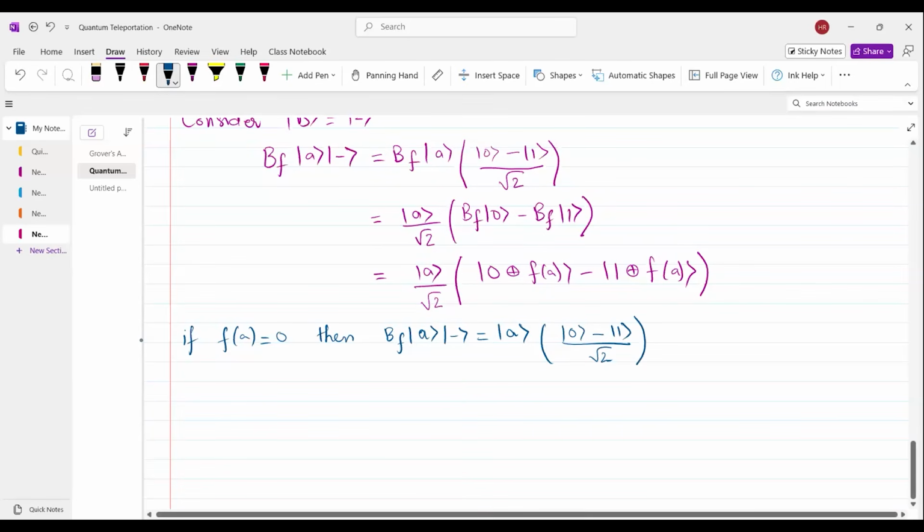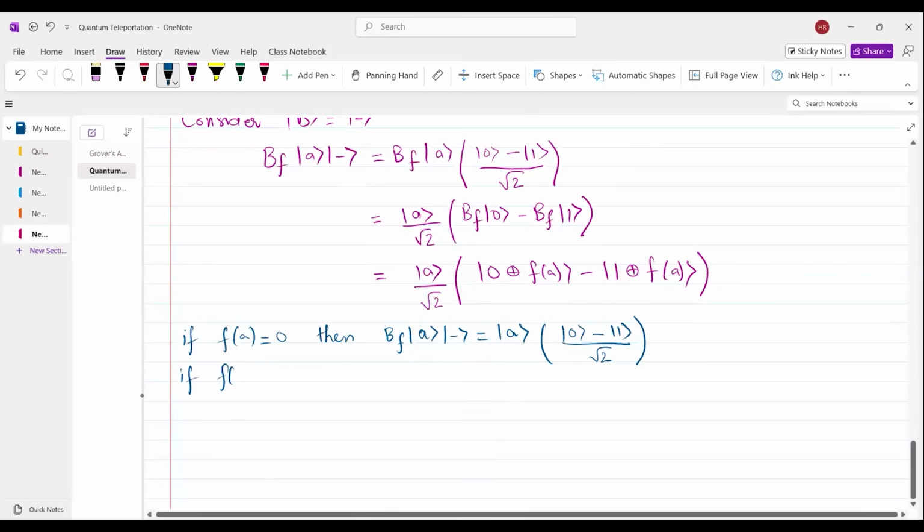What essentially I have done over here is replace this f of a with 0. So when we take 0 XOR 0, it will give us just 0. When we take 1 XOR 0, it will give us 1 again. So it remains the same, it does not affect it.